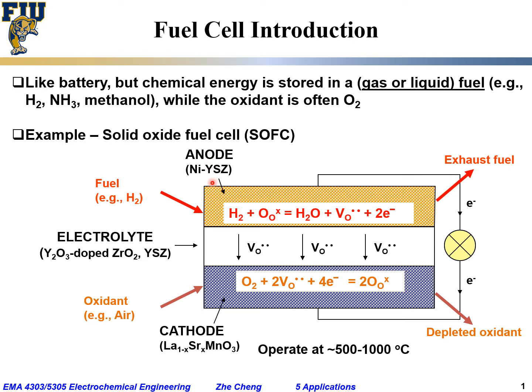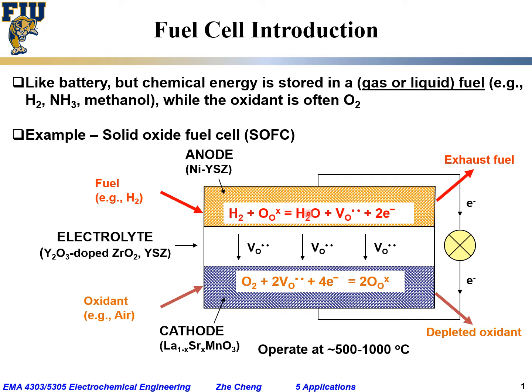anode where the oxidation half cell reaction occurs. And if we are using hydrogen as the fuel, then the anodic or oxidation half cell reaction for this fuel cell would be hydrogen gas combined with an oxygen occupying a lattice oxygen site to form a water molecule.